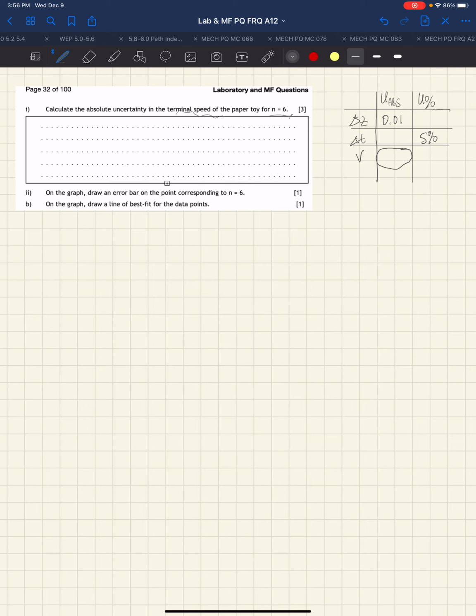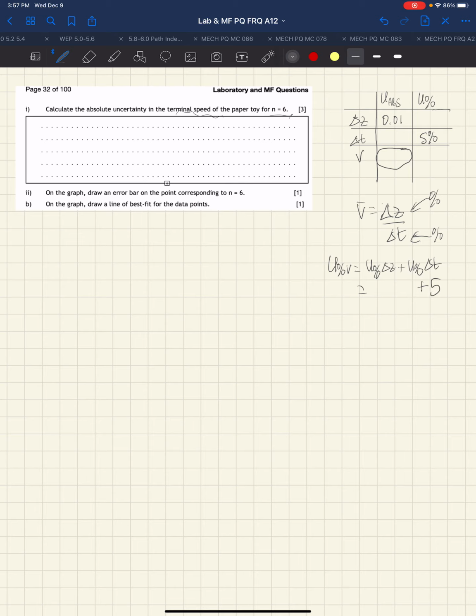What we know is there's a propagation going on here. The average velocity is delta Z over delta T. Whenever we have a propagation like this, the best thing to do is to take the percent uncertainties and add them, and that becomes the uncertainty in the velocity. So the U percent V is going to be the U percent delta Z plus the U percent delta T. We know this one is 5%.